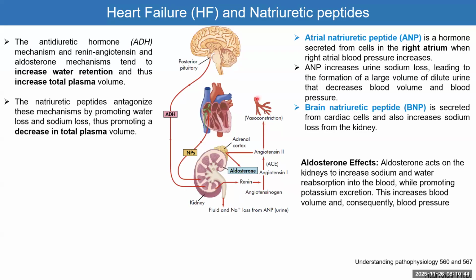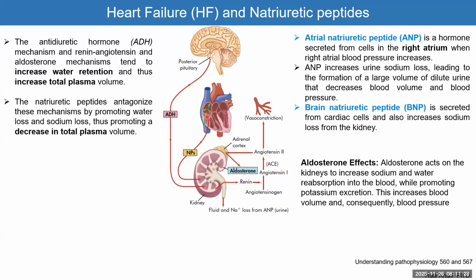To counteract that, the heart has, from the right atrium and from the ventricles, these atrial natriuretic peptides, ANP. These are hormones that are normally secreted from the right atrium when right atrial blood pressure increases. So when you have a lot of blood pressure, raised more than normal, these guys are released. So this will counteract the RAS system in order to decrease the blood pressure.